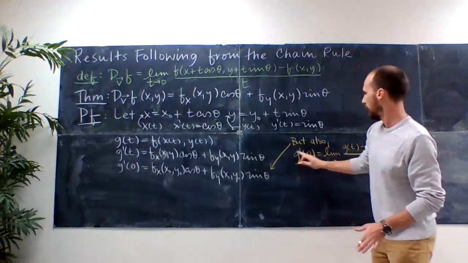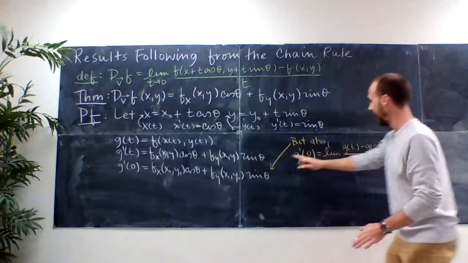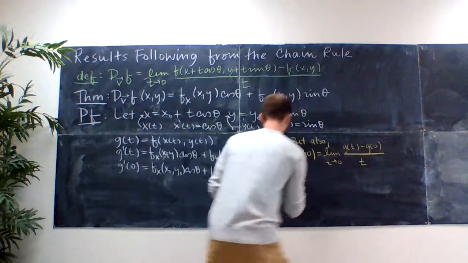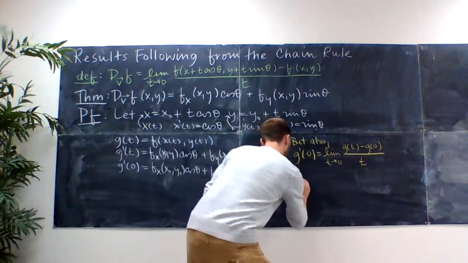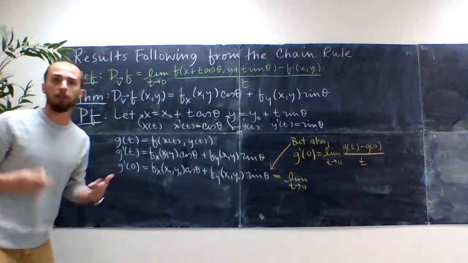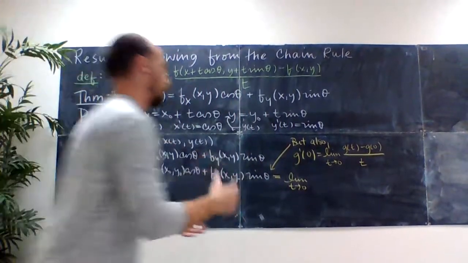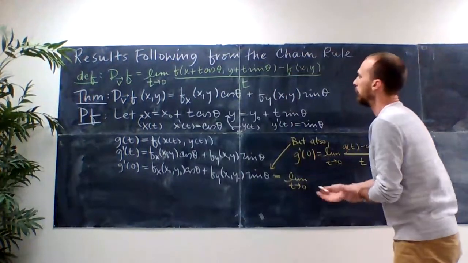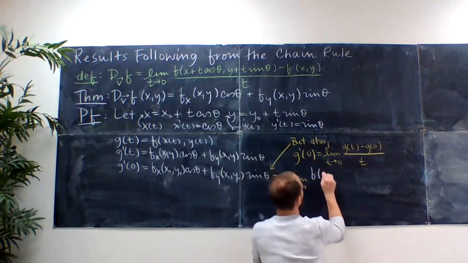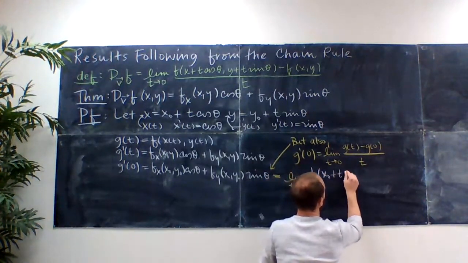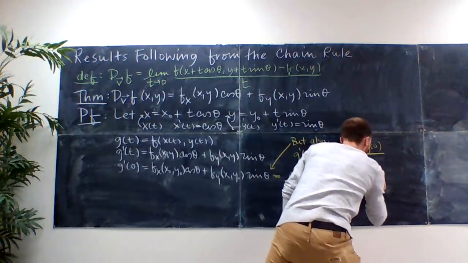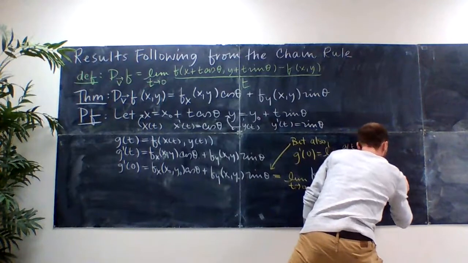So since g prime of 0 is equal to this, and it's also equal to that, I'm going to have the equality that sets this thing equal to, and then I'm going to substitute on g of t. G of t is f of x of t and y of t, which is y0 plus t sine theta.